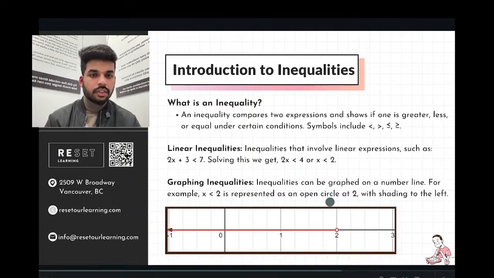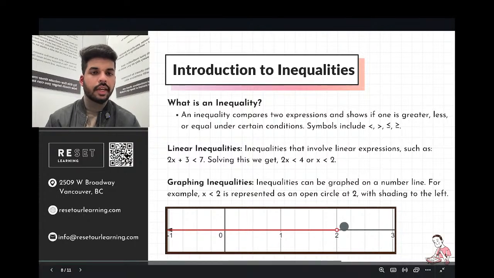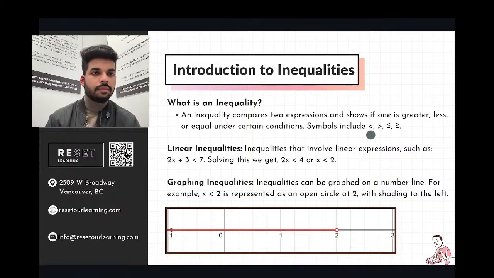Another thing I want to point out is the open circle. Open circle means, as I was talking about a while ago, the difference between these two symbols. This means strictly less than, and this means less than or equal to.